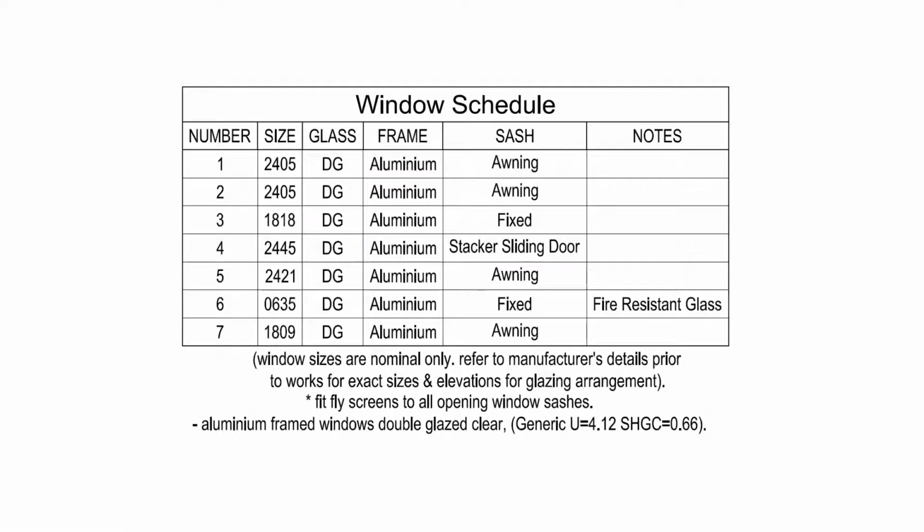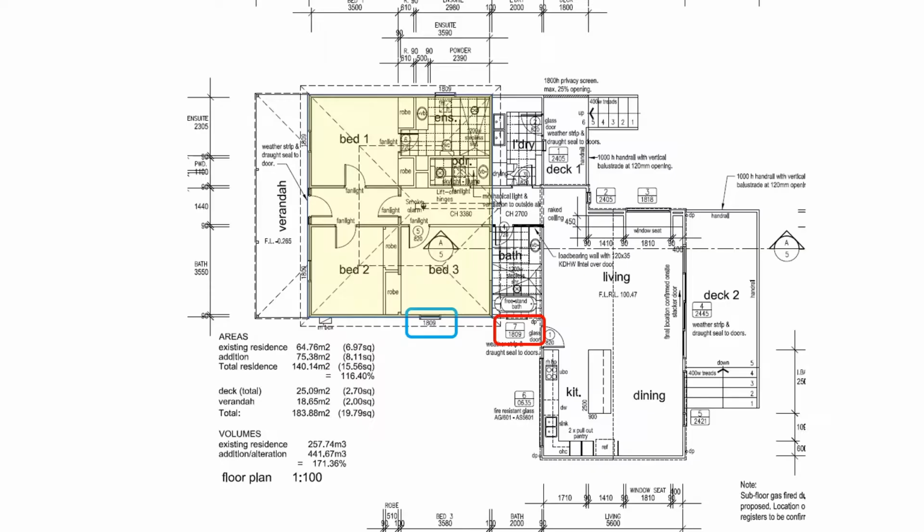Now that we've talked about window sizes, it's important to mention that we don't necessarily need to have a window schedule on the drawings. Some designers have window schedules, some don't. So as long as we have the window size, that's all that matters. You'll notice in the blue here we have 1809, which is the window size, height by width.